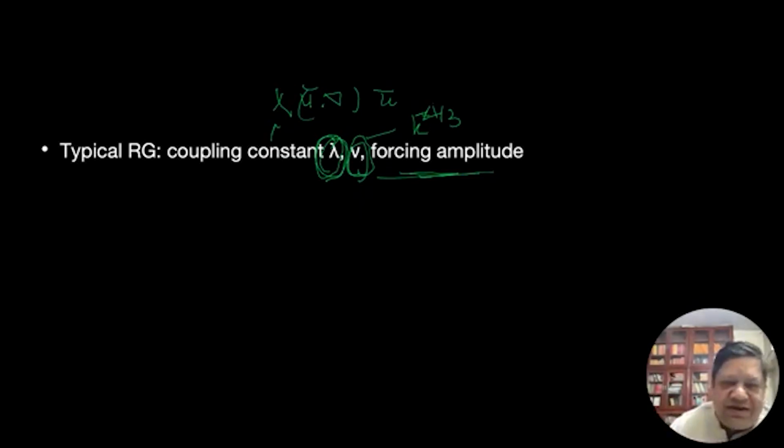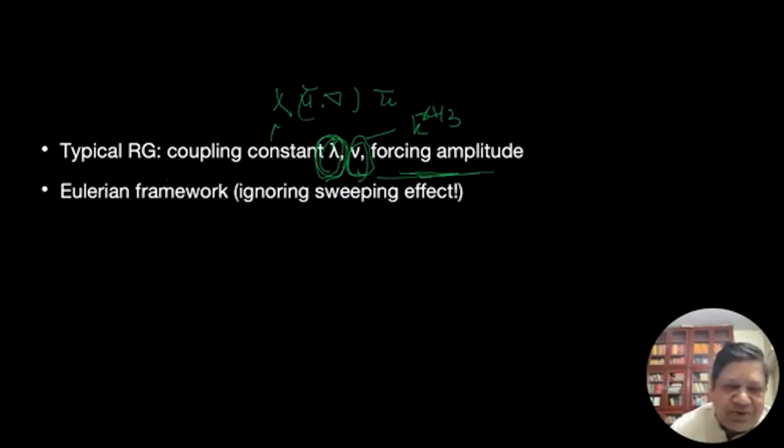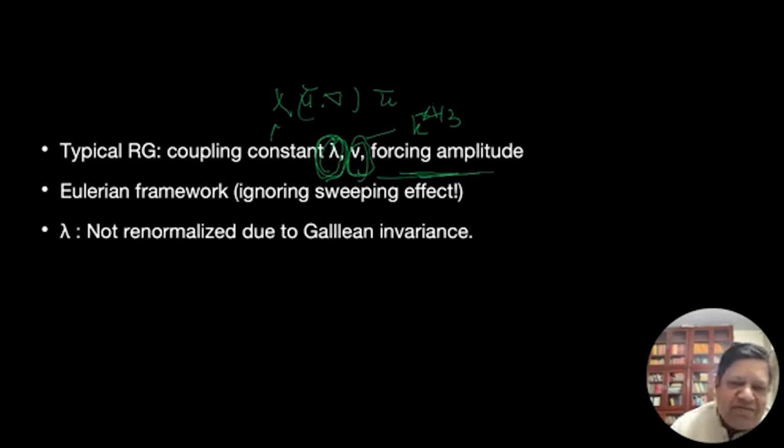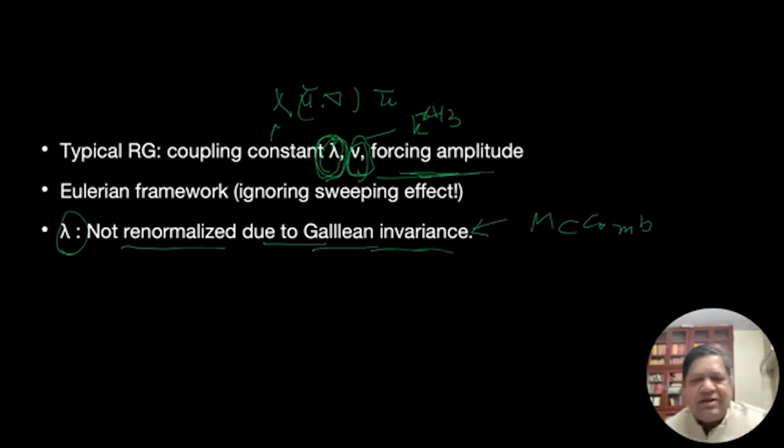So these are the three parameters that change with scale. But it turns out the Navier-Stokes equation has some interesting properties. Lambda is not renormalized due to Galilean invariance. So lambda is unchanged. It's a pretty interesting property which is not so trivial, but you can look at some books, for example, Mccomb. So it doesn't change under renormalization.